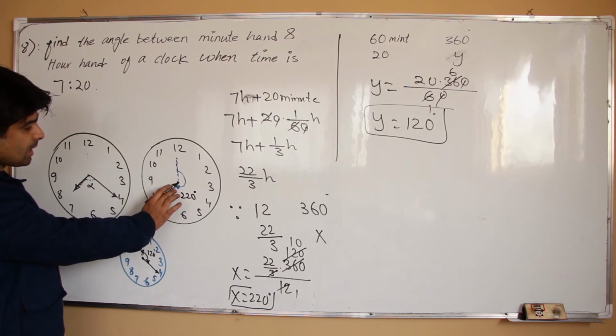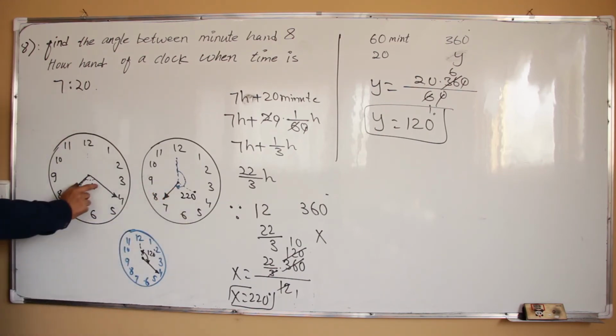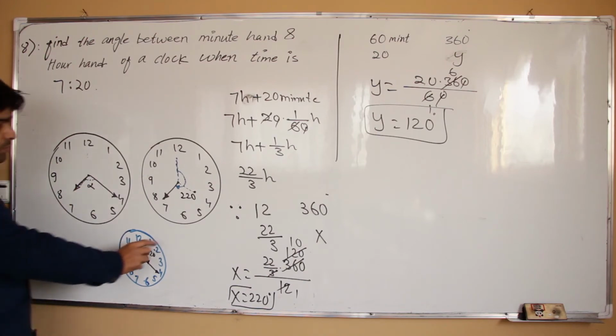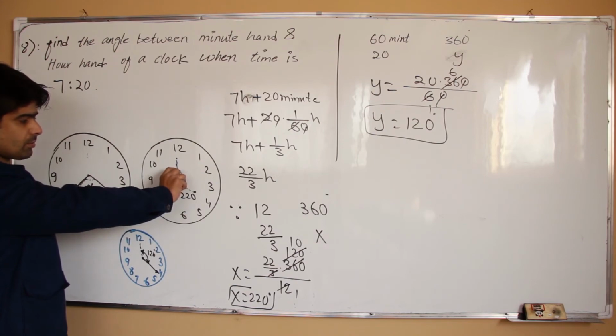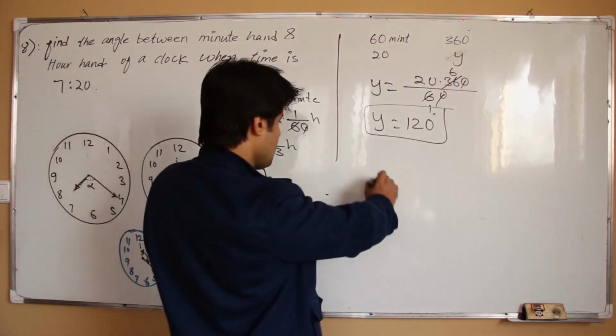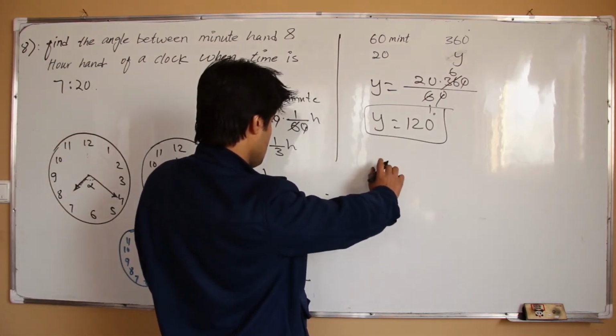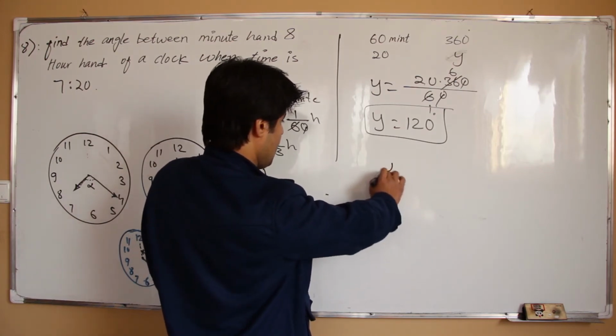What would the angle be between these two tips? It would be 220 minus this part. Am I right? So our aim, our solution, is alpha.